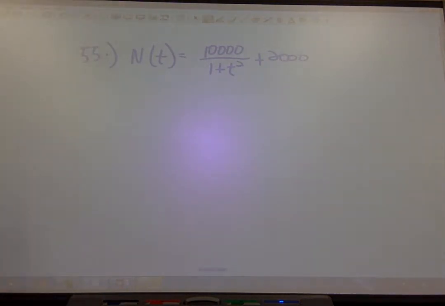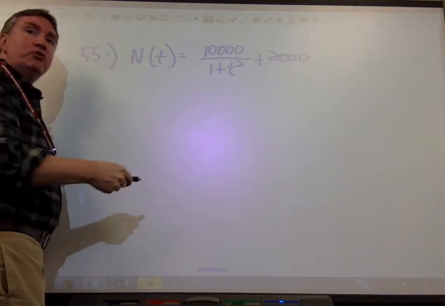Find the rate of change of the number of bacteria 1 minute and 2 minutes after it's introduced. What is the population of bacteria in the culture at those times? The second part is just plugging 1 and 2 into the original function. But the first part says find the derivative and plug in 1 and 2.